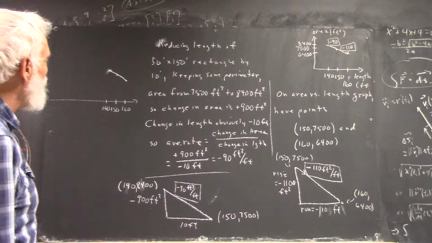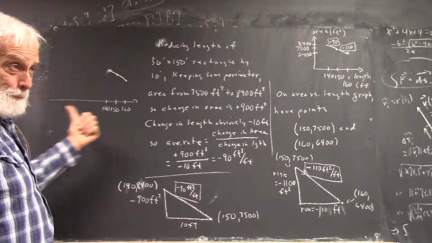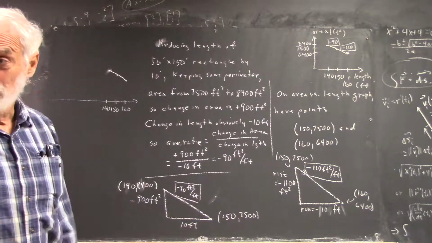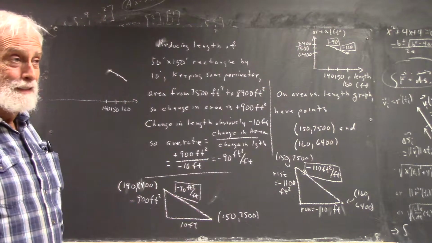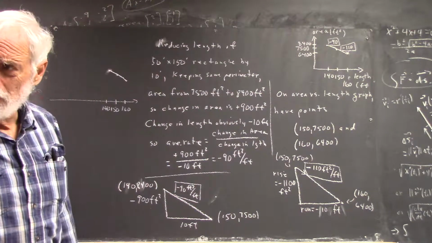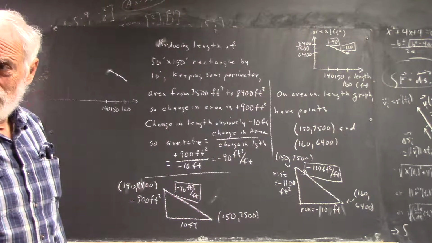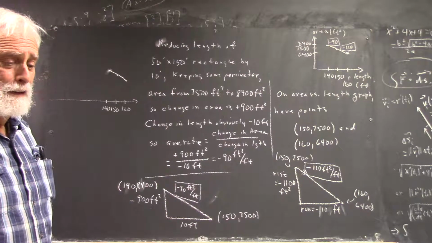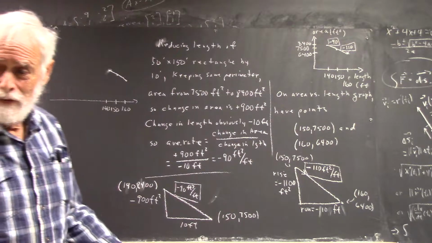Okay, so it looks like I want to go this way. Because if I go this way, my area is increasing, right? Now, does my area keep increasing? Probably not. Is there a limit?